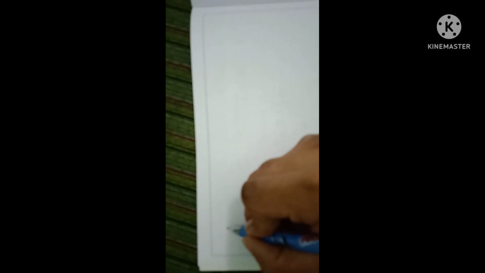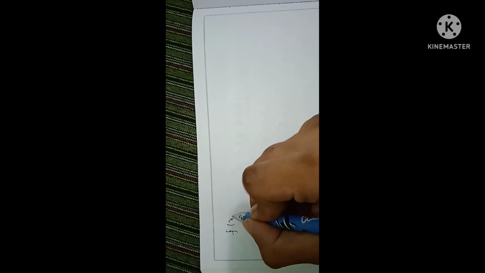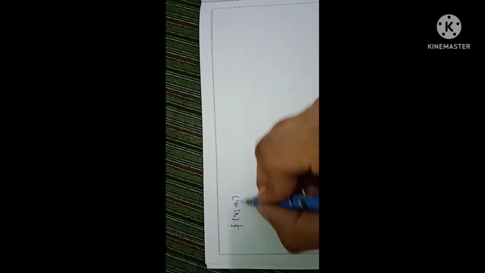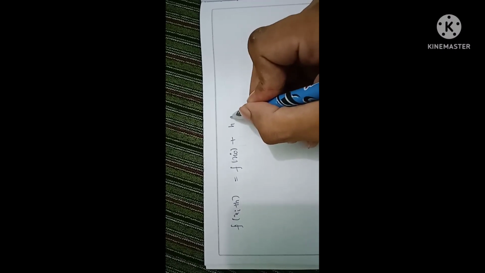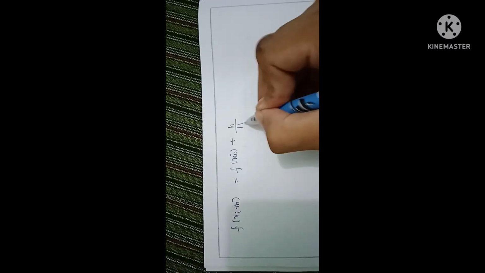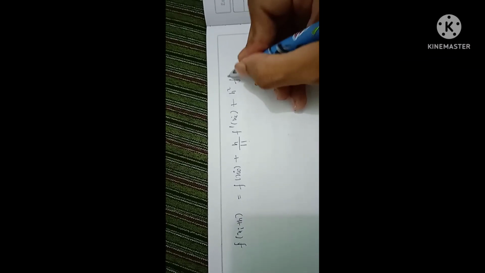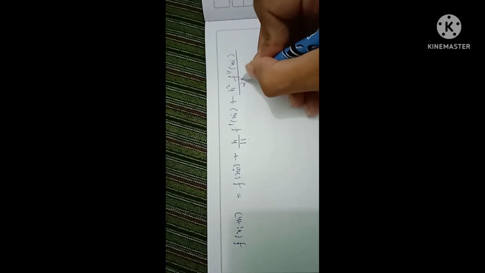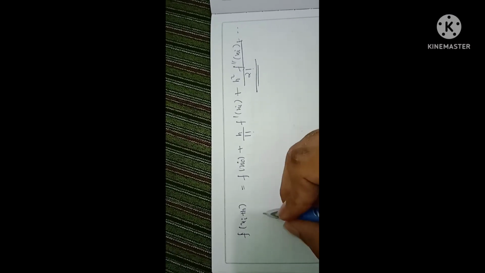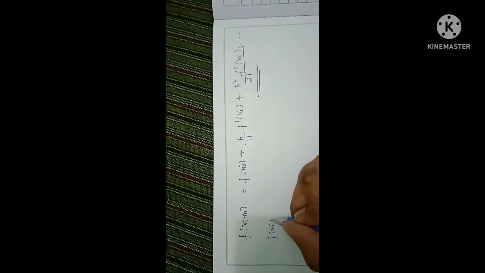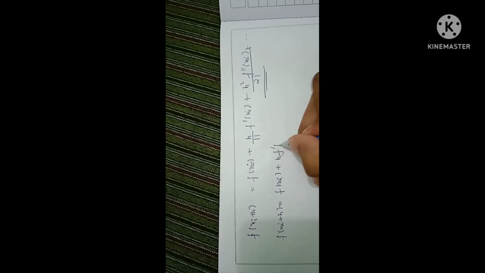It is very simple. Firstly we need to think about f of xi plus h. We can write f of xi plus h is equal to f of xi plus h upon 1 factorial f dash xi plus h squared f double dash xi upon 2 factorial plus dot dot dot. From here we neglect the higher order terms. We have f of xi plus h is equal to f of xi plus h f dash xi.